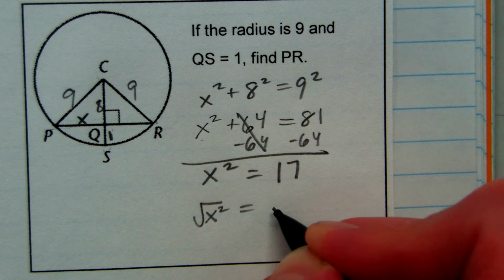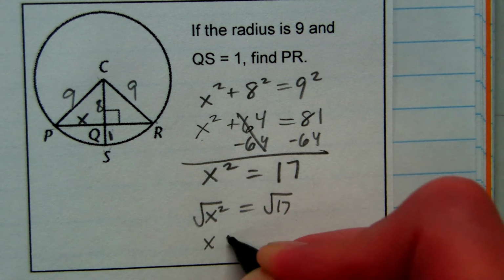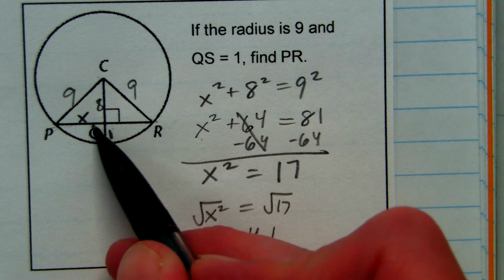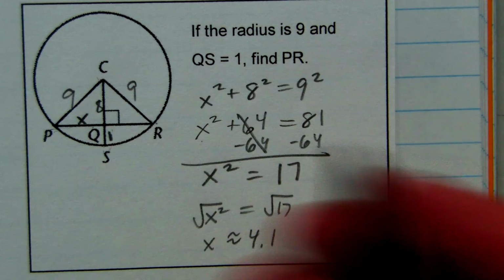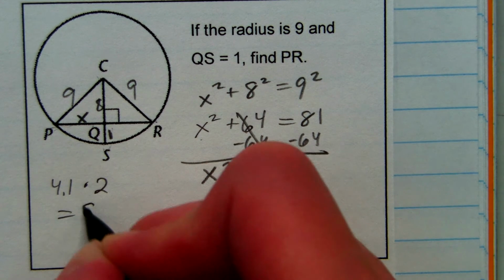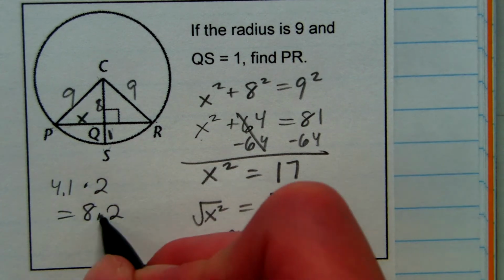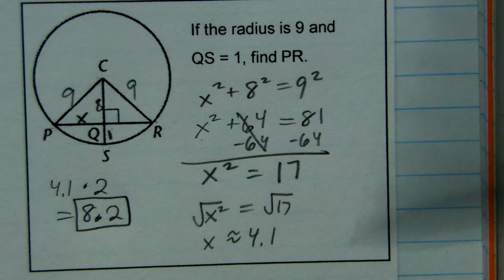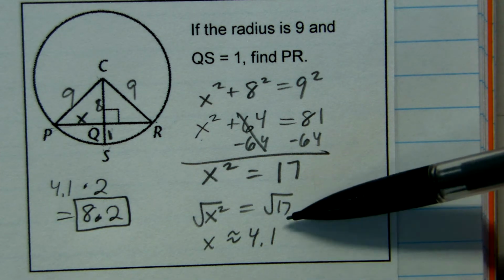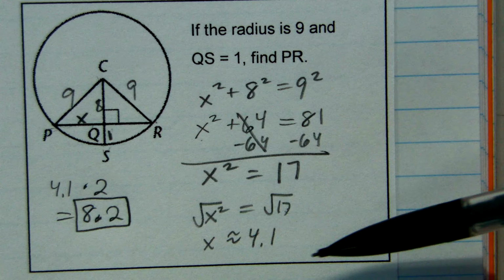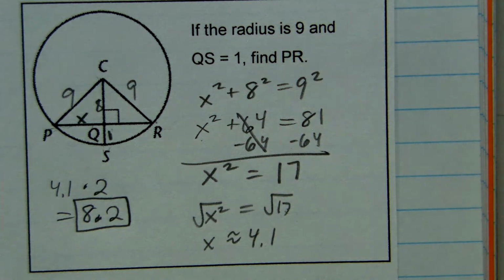Square root of x squared, square root of 17, and we get about 4.1 for x, but then it wants PR, so I'm going to have 4.1 times 2, which is 8.2. They didn't give us units on anything, so the other thing you could do is just leave whatever number you got on your calculator for the square root of 17 and take that times 2, in case we have a little rounding stuff going on there.